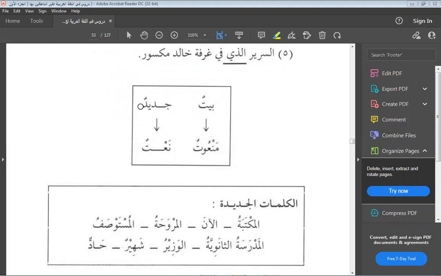Then you say waladun jayyidun, a good boy. Then you say waladani, two boys. You have to say jayyidani. Make the jayyid also dual. When you say awlad, plural, you have to say jayyiduna, plural.